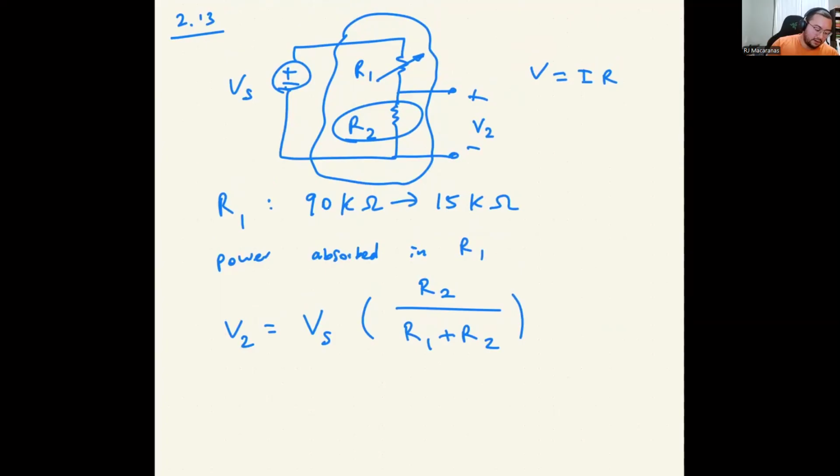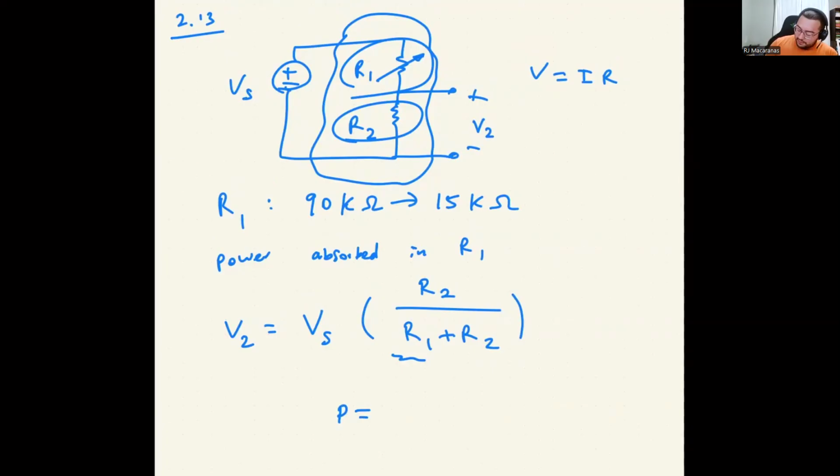That's V2 there. With that, you can play with R1, since it's a variable resistor, and see how it impacts the power. That would be good for you to do on your own.